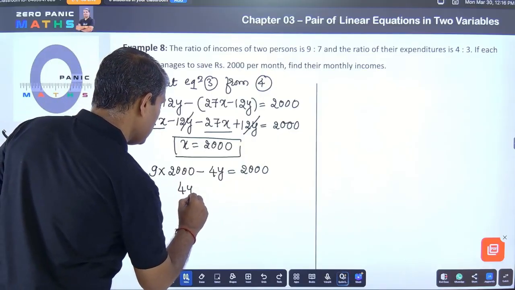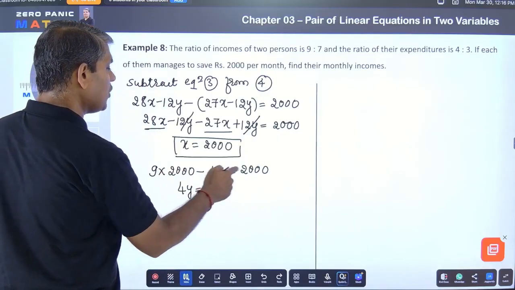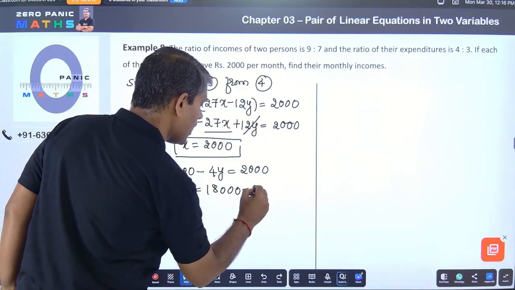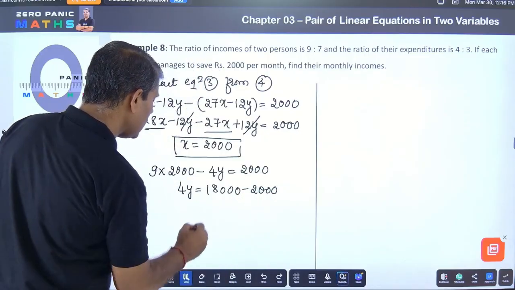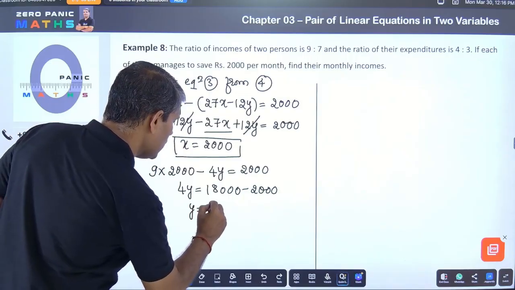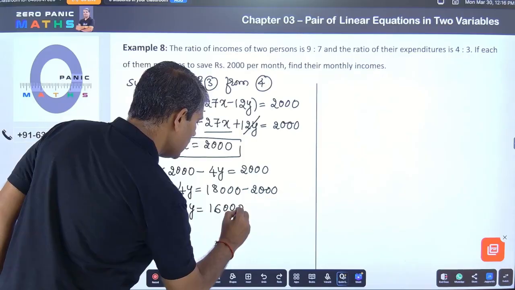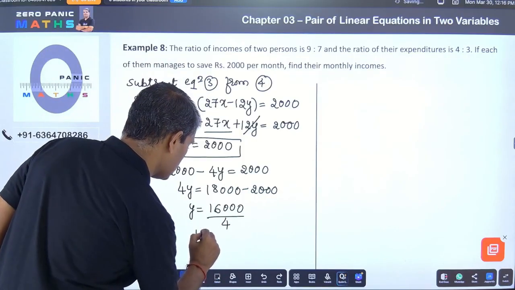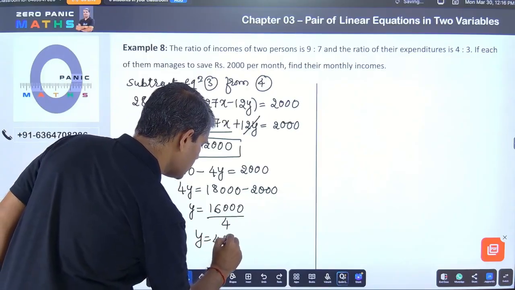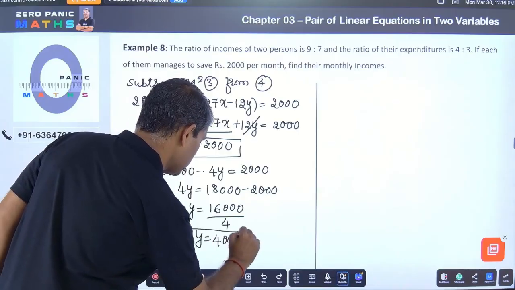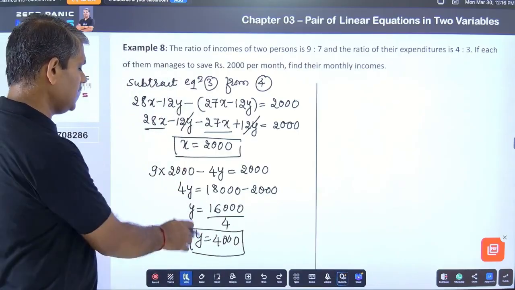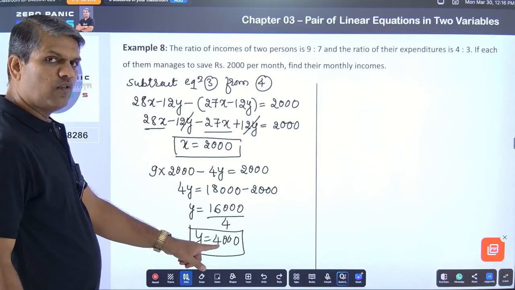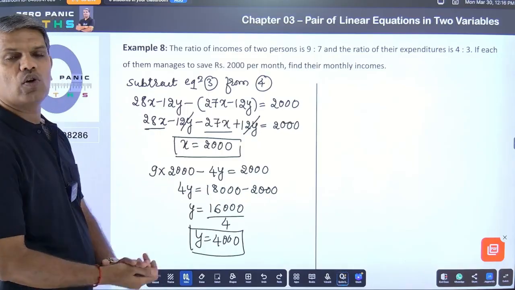So that will give me 4y is equal to 18,000 minus 2000. That will give me y is equal to 16,000 divided by 4, that is y is equal to 4000. 4 4s are 16, it is 4000. So x is equal to 2000 and y is equal to 4000 are the values.